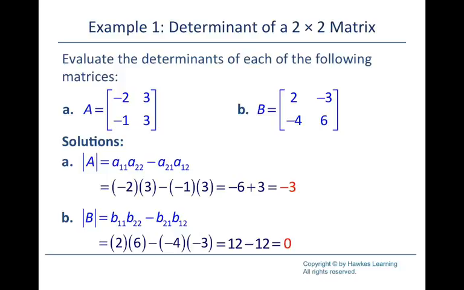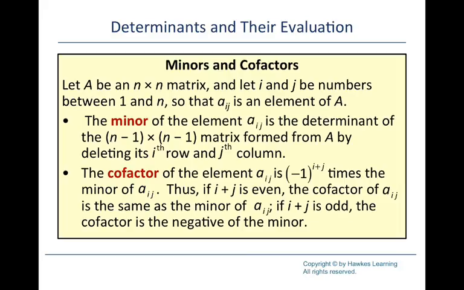Determinants can have a value of 0. But when we're using Cramer's rule, which we'll talk about in a little bit, the determinant cannot be 0 to use Cramer's rule. But it is a legitimate thing to come out with 0 as a value of a determinant, at least on occasion.